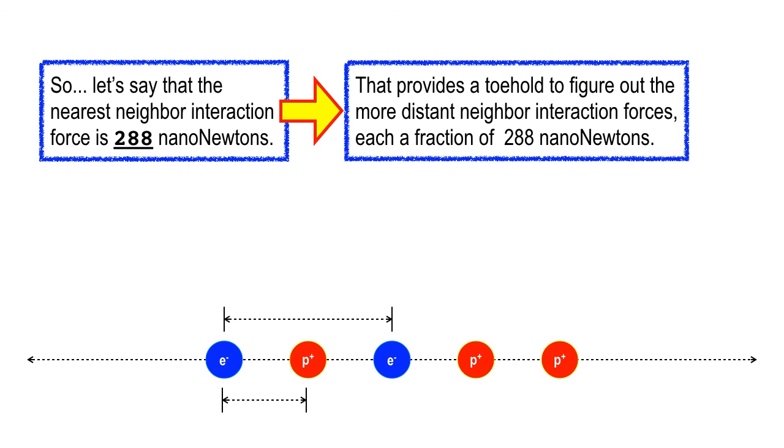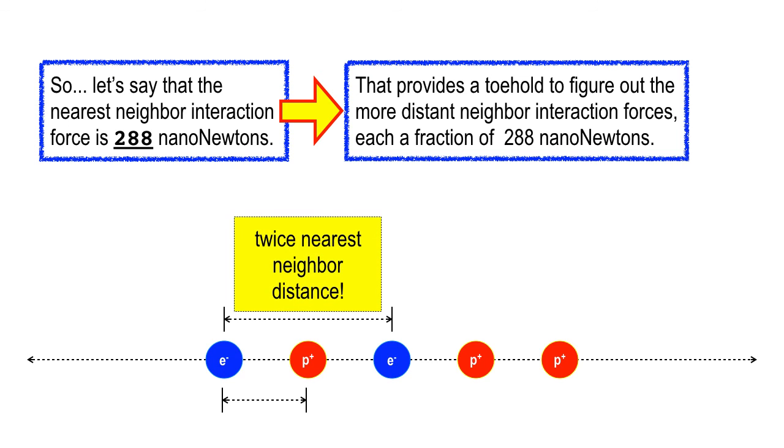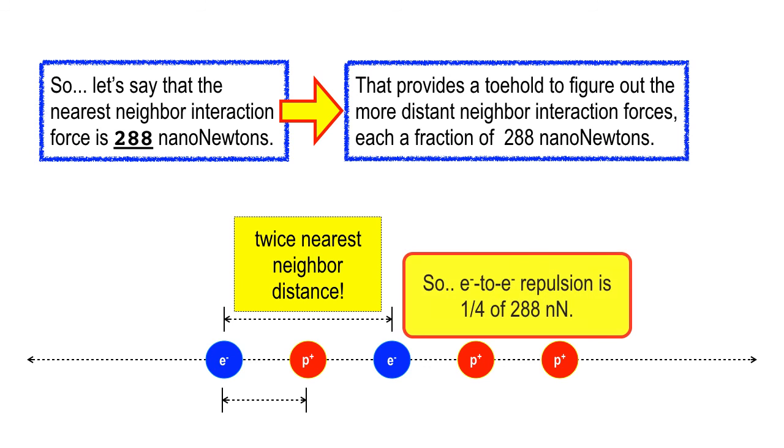Now the next one is the second neighbor out, and he's twice the nearest neighbor distance. So this electron to electron, oh wait a minute. Do electrons attract or repel? Two electrons, they repel, because they're both negative. So we have electron to electron repulsion, and it's 1/4 of the nearest neighbor interaction.